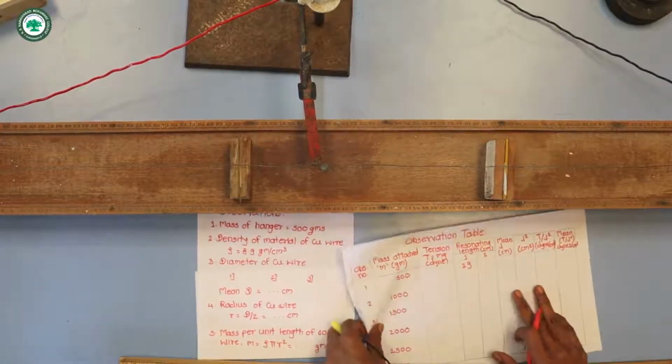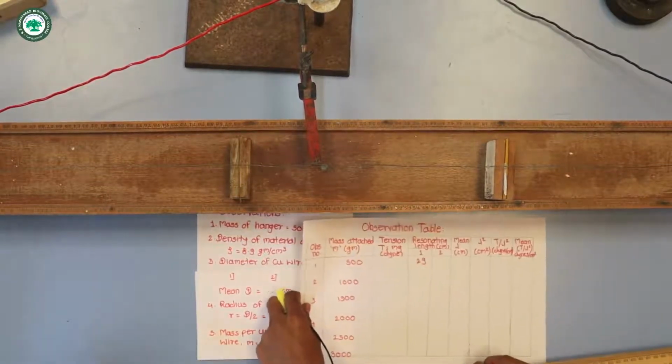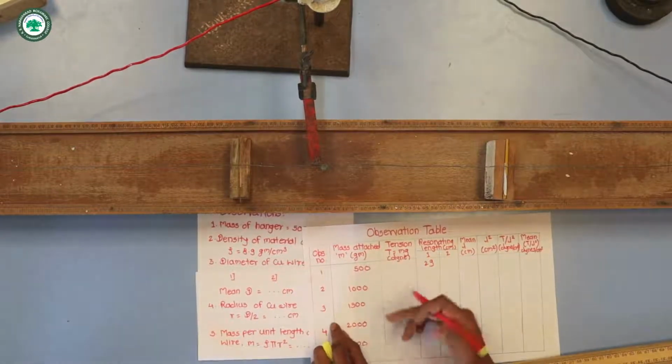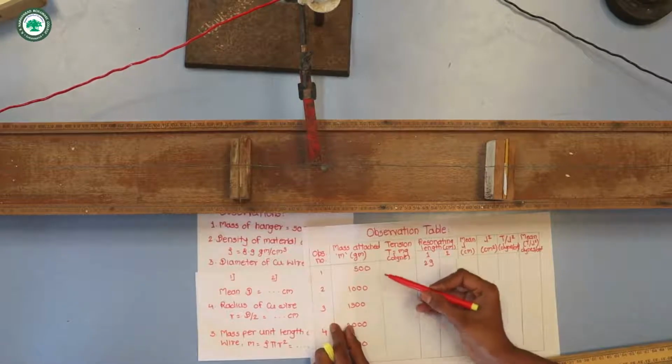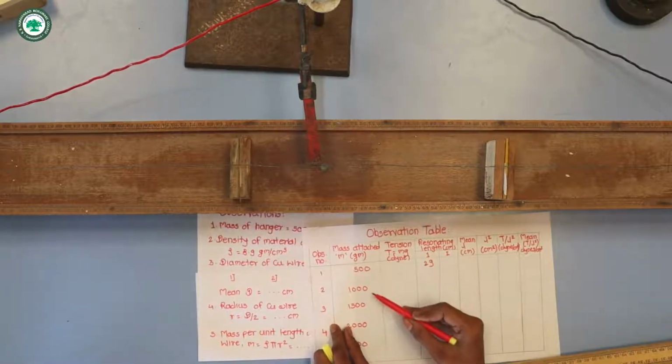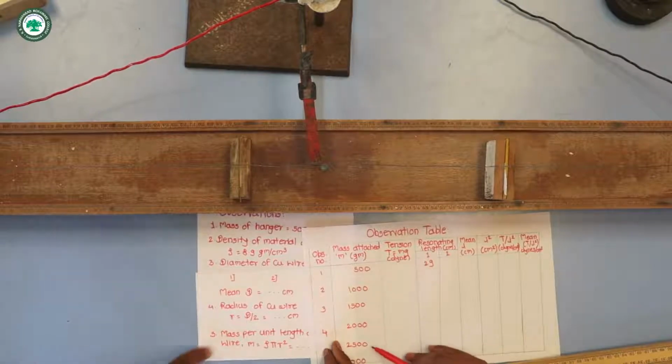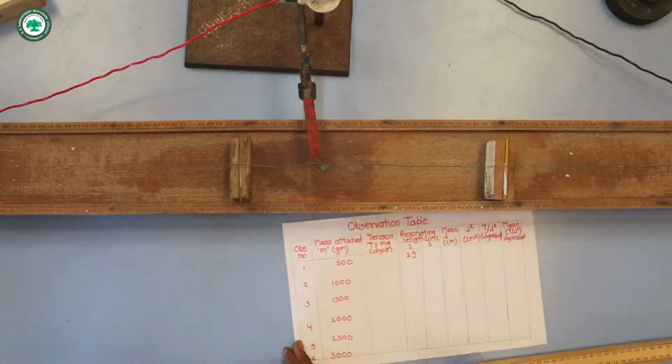So here the observation table for this experiment is mass attached in gram. We will attach the mass as 500 gram, 1000 gram, 1500 gram, 2000 gram, 2500 gram and 3000 gram.